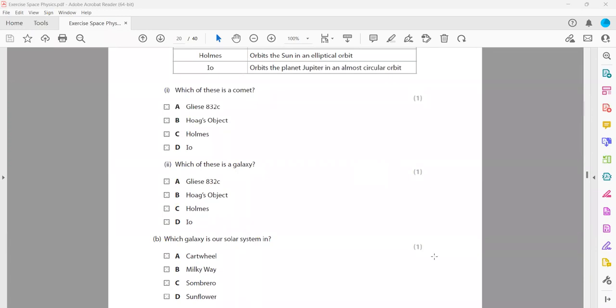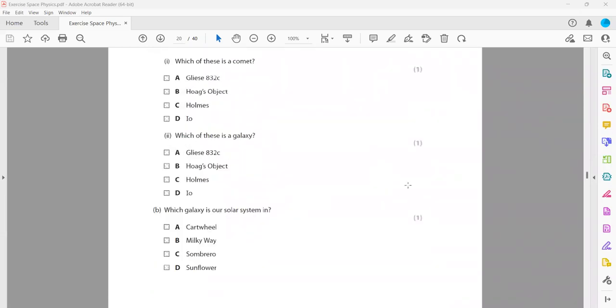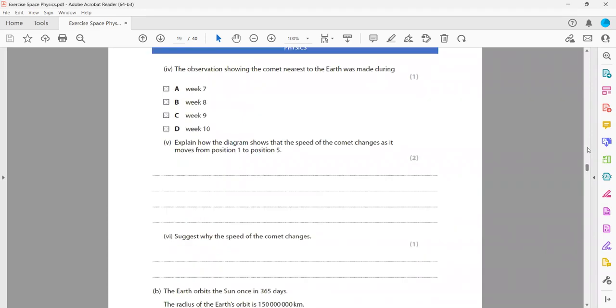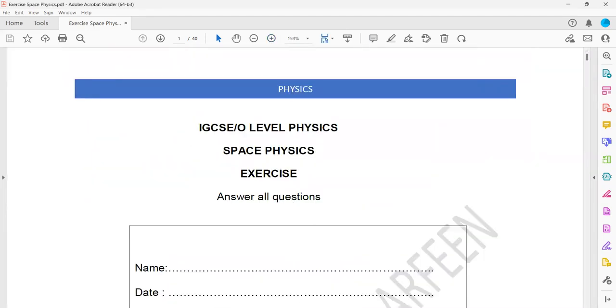A cartwheel, a Milky Way, sombrero, or sunflower. Our galaxy is the Milky Way galaxy. So this was questions 7 to 10 about space physics. Next session, we will do more questions from this.